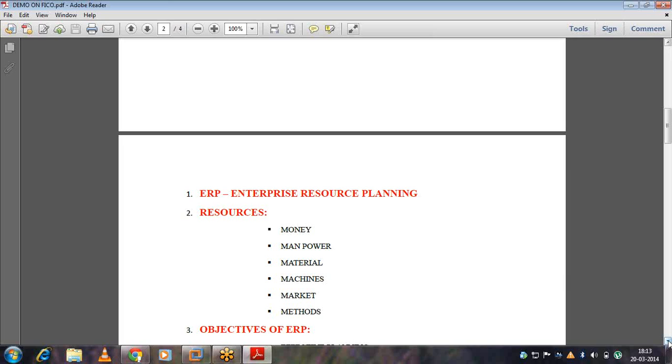The usage of the resources effectively depends on the planning of the resources. If you have an effective plan for how to use the resources, then only you can use them effectively. Without a plan, can we make use of the things?